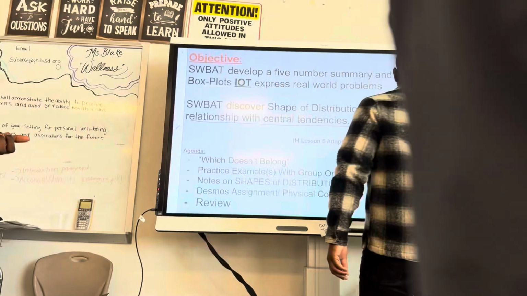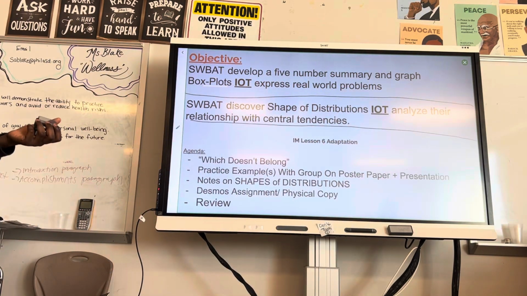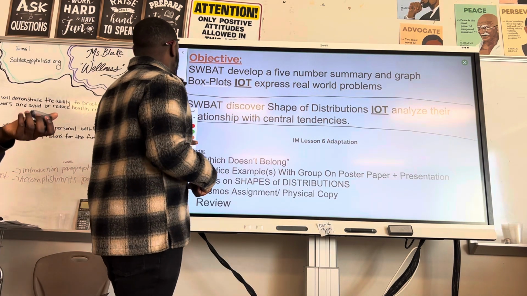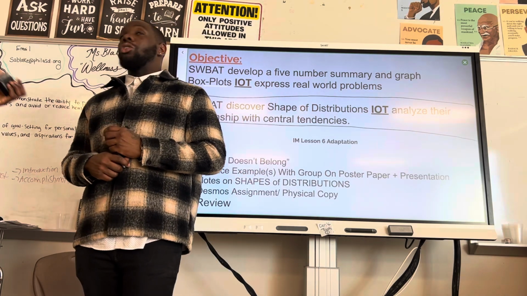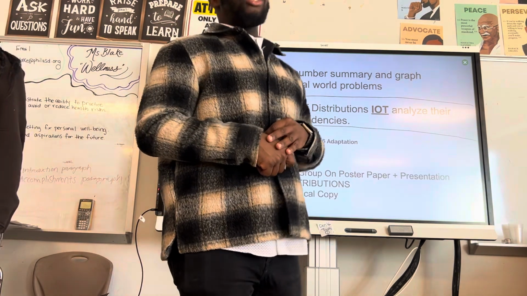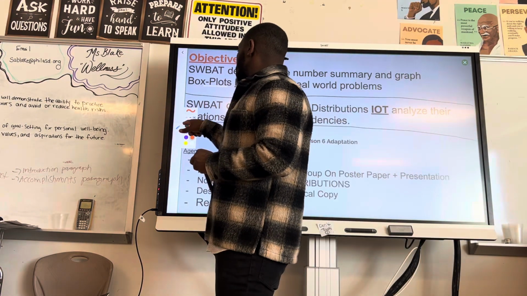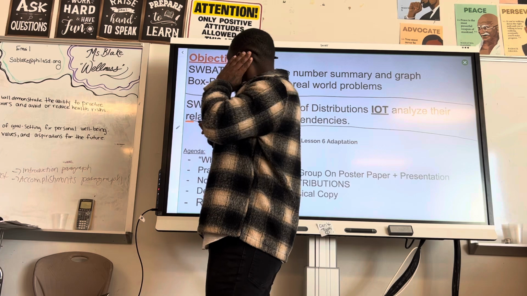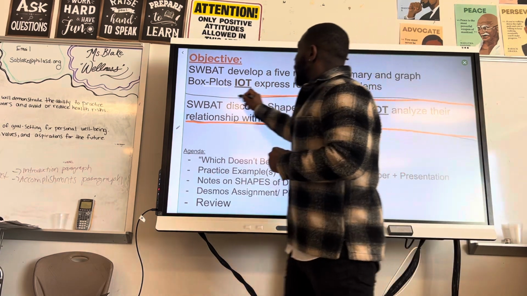The objective is the one I put the box around only, okay? And then finally, Maya is going to be stamping your do-nows. She's looking for the letter that you chose and one reason why that data set was different from others, or the description you wrote for that data set. Point to it if they don't see it.